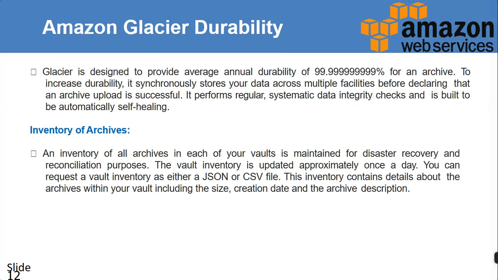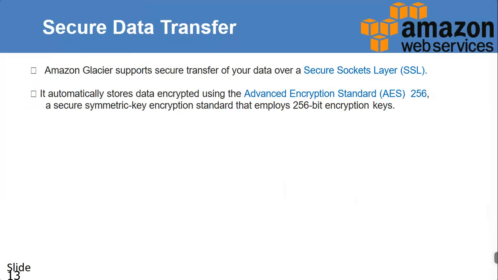What all the names are, what the sizes are, when it was uploaded, all these things will be stored in a JSON or comma separated file. It is secured, SSL you can also enable, or it is already encrypted, AES, Advanced Encryption Standard 256, that is there.